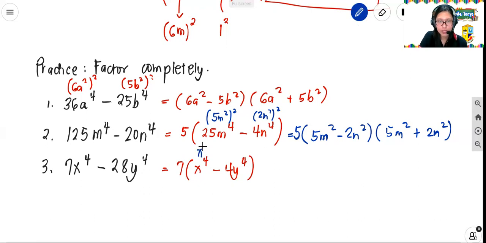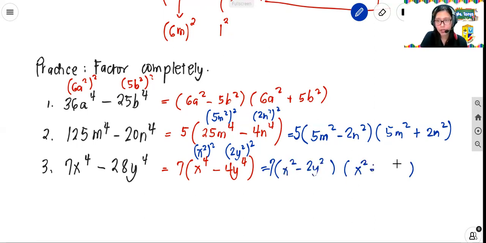We can express it as (x squared) raised to the second power and (2y squared) raised to the second power. Hence, our factors would be, do not forget the 7, x squared minus 2y squared and x squared plus 2y squared.